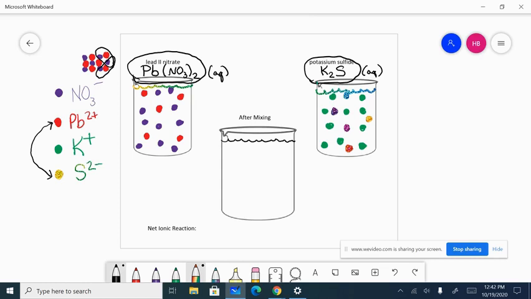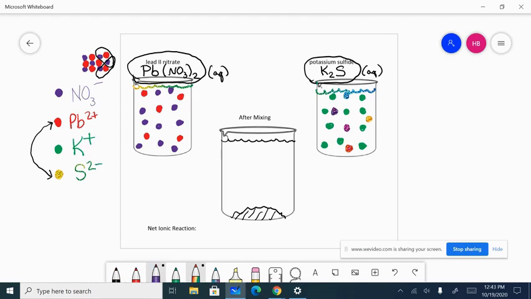And when they find each other, there's going to be a chemical reaction because they are not soluble. That lead 2 sulfide is not soluble in solution. So these 2 guys are going to fall to the bottom of the container, and they're not going to be ions anymore. They're going to be what's called a precipitate.